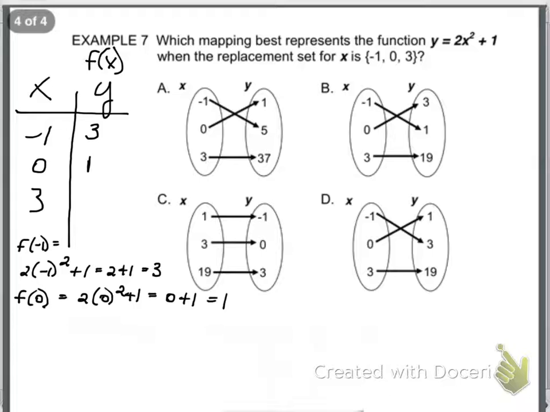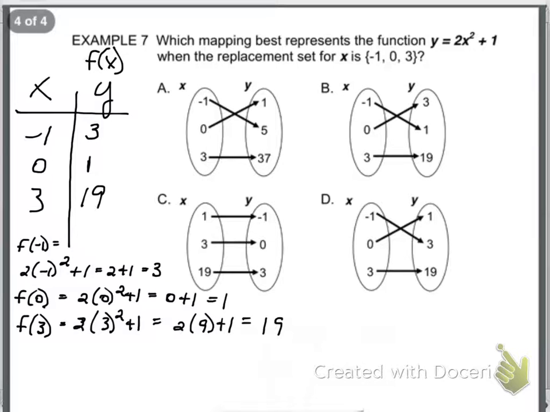And then my last value that they chose is the point where the x value is 3. So the y value would be 2 times 3 squared plus 1, which is 2 times 9 plus 1. 2 times 9 is 18 plus 1 then is 19.